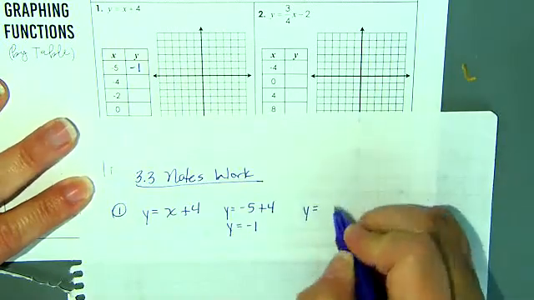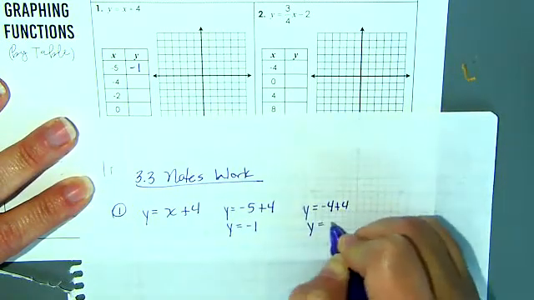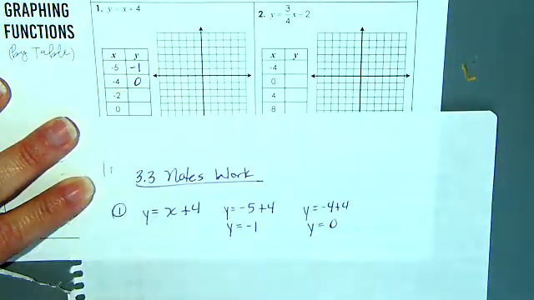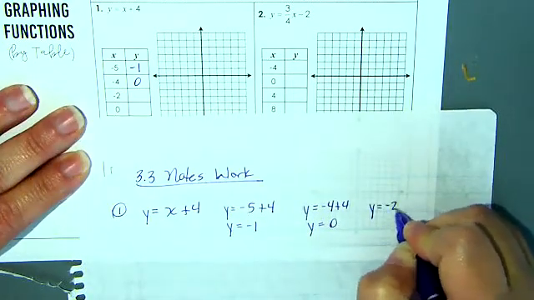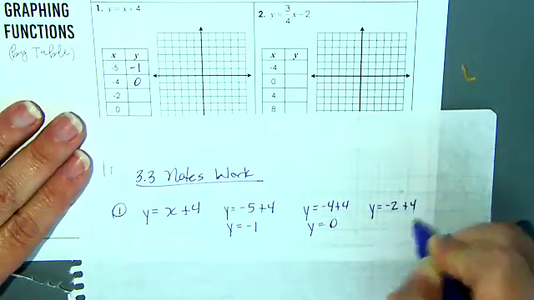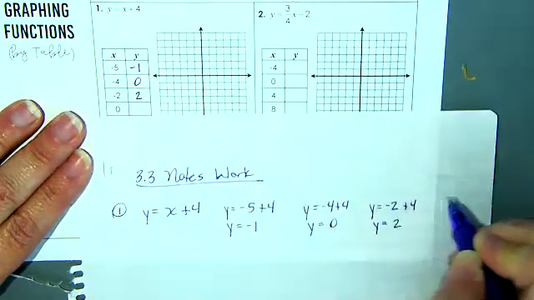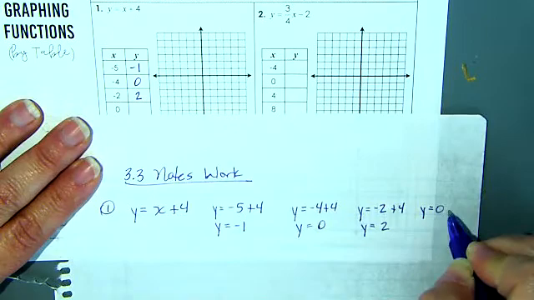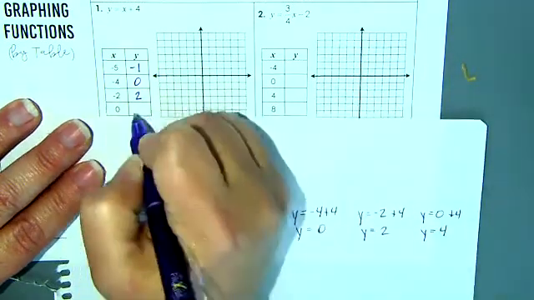Y equals -4 plus 4, which gives me Y equals 0. So I put the 0 in the Y value that goes with the -4. Then for the X value -2, I'm plugging it in: -2 plus 4 gives me Y equals 2. And then 0 plus 4 gives me Y equals 4.